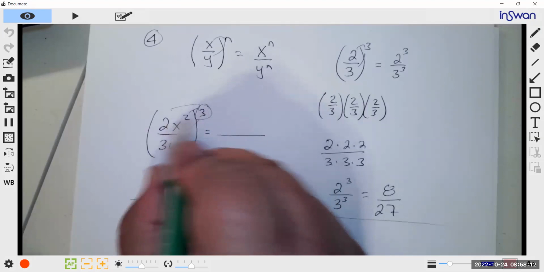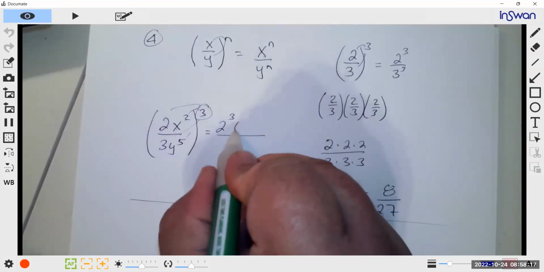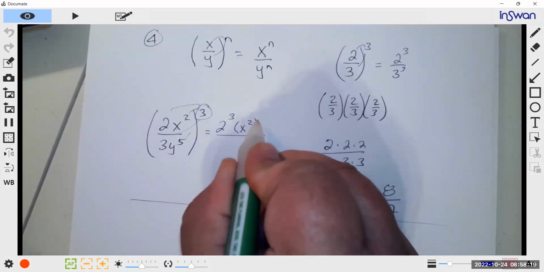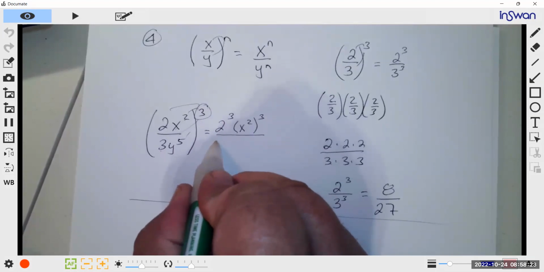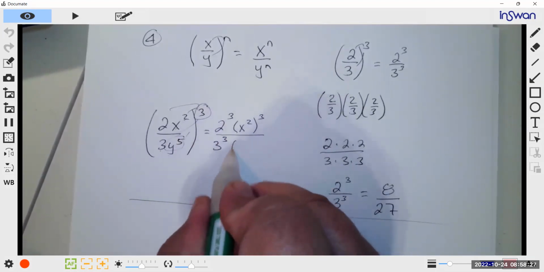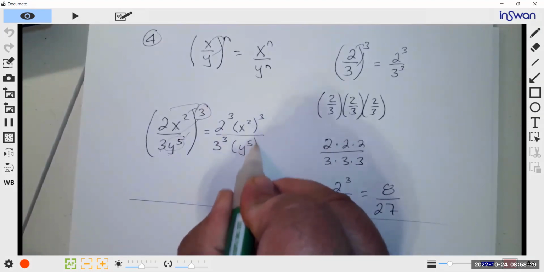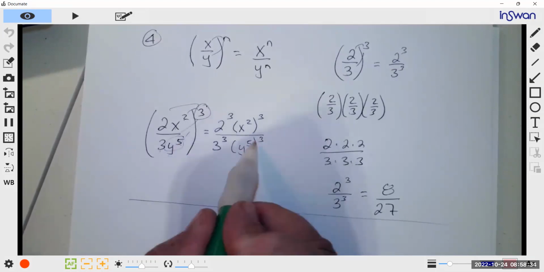So we have 2 to the third. This one has an x squared already, so I'll put that in parentheses. There's a 3. It gets a third. And this one is already an exponent. So if you have a variable that has an exponent, put it in parentheses.